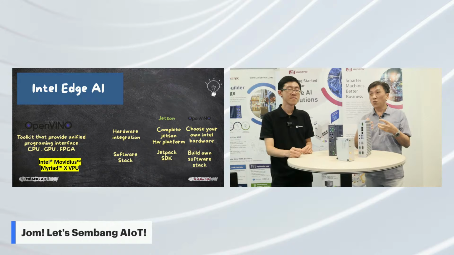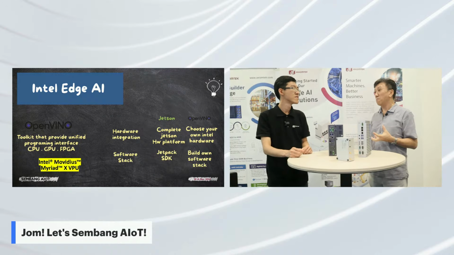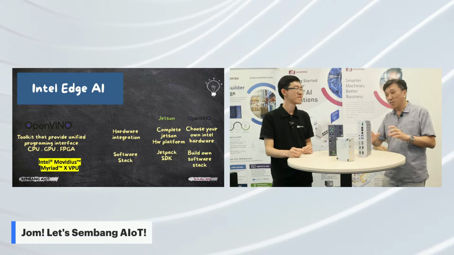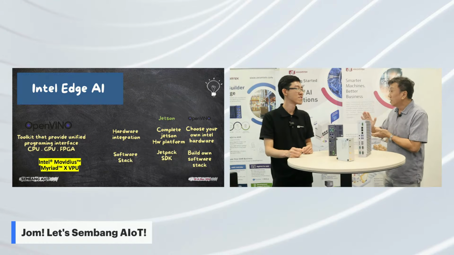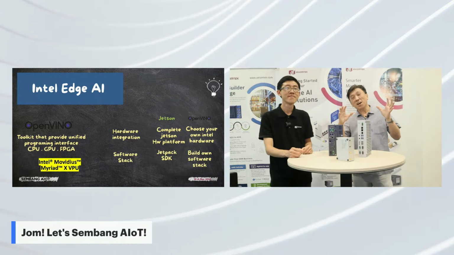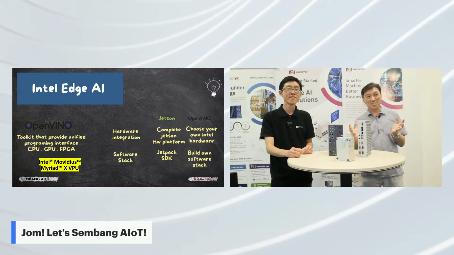And they are also very brave. We have seen an LLM model running on this Core Ultra with the NPU and the built-in GPU, without using a GPU card. So that is a kind of edge AI. It's a very different way of presenting this part.